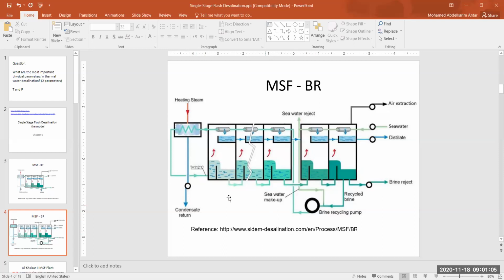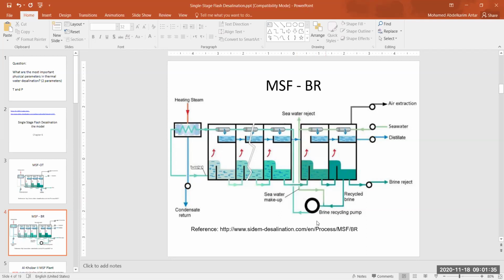You see the pumps here are given in circles. Look at the size of the circles and look at the size of this circle. So we need a lot of energy for the brine recycling pump to operate. And this is why the multi-stage flash brine recirculation system is demanding in terms of power. If you compare this with an RO system, the RO system maybe needs this amount of power and that's it.